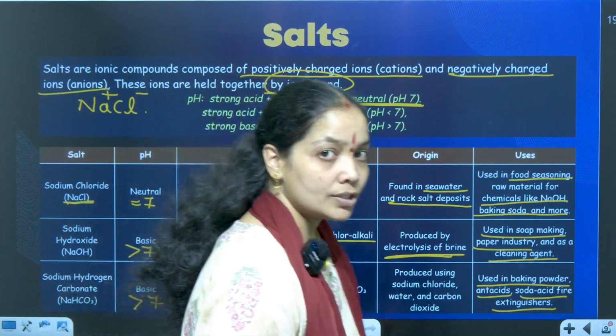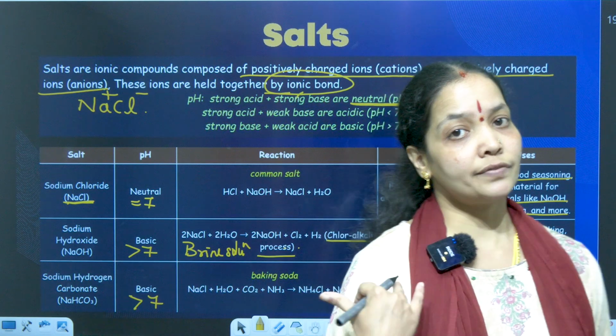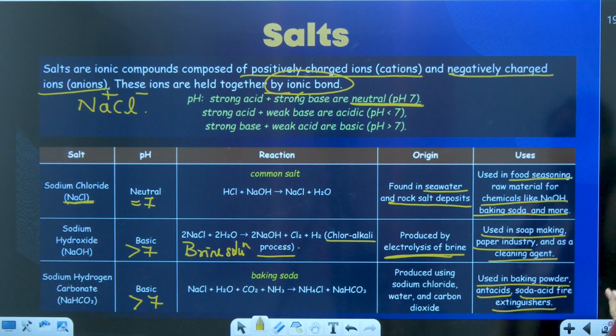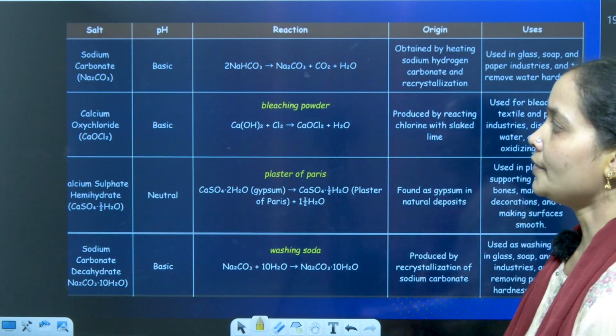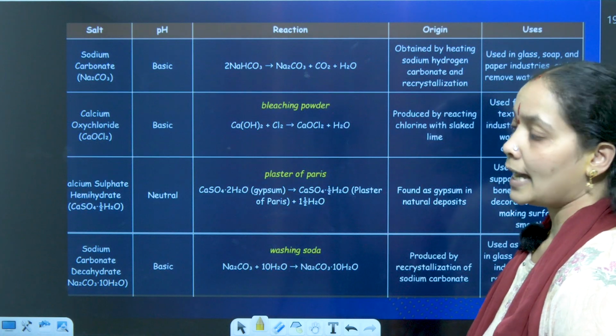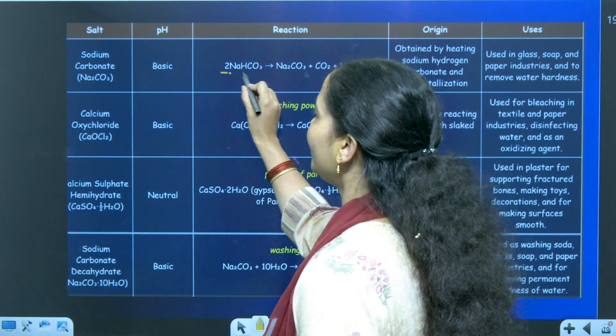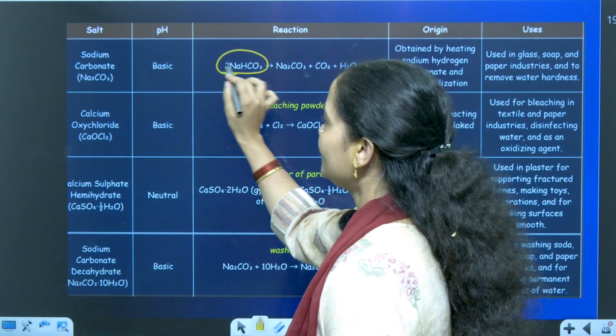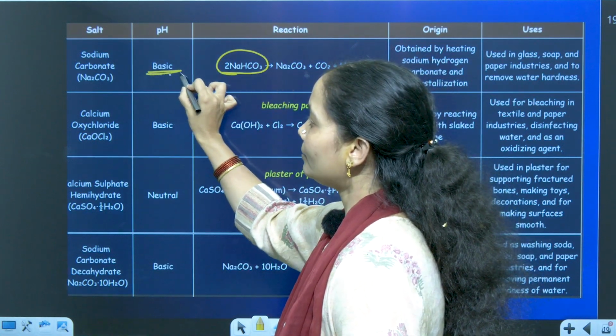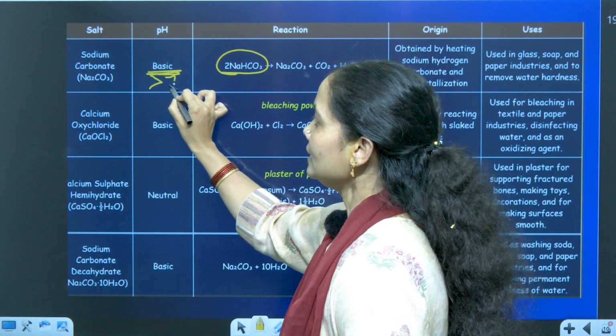So 3 important salts and their production and uses we have learned. Let us further go ahead. The next type of salt is sodium carbonate. Sodium carbonate is majorly formed using sodium hydrogen carbonate. See, NaHCO3, it's also basic, that means the pH is greater than 7.